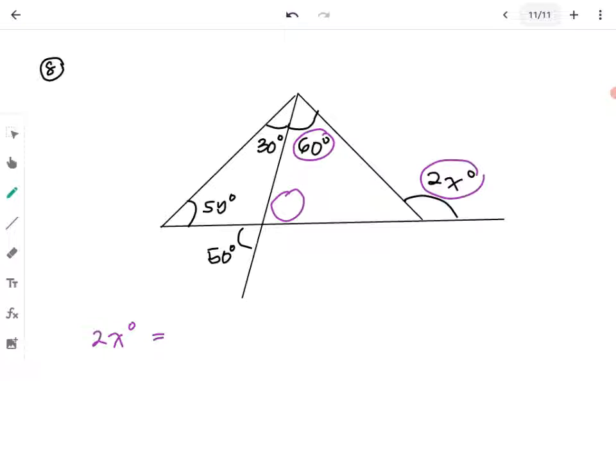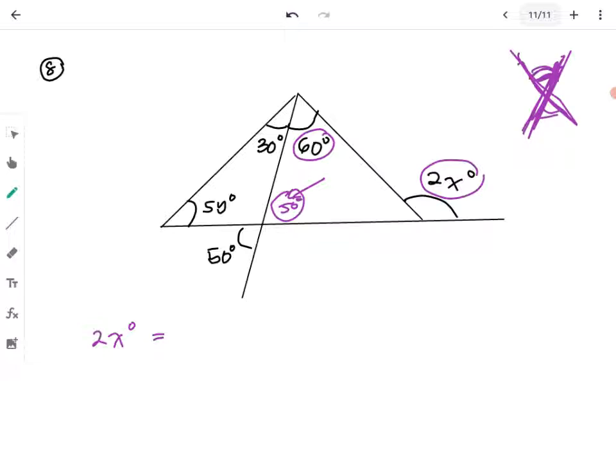However, we do not have this measure, but we know that that is also 50 degrees because of vertically opposite angles. We know that when two lines intersect, they form vertical angles which are equal. Remember that. That's the second lesson in our geometry. So therefore this is also 50 degrees.